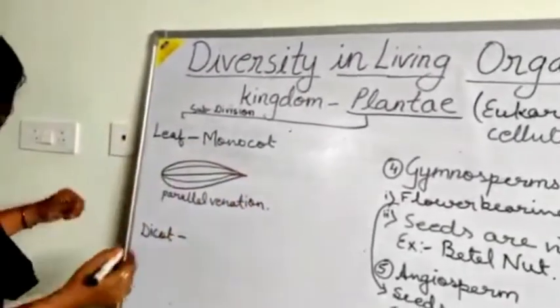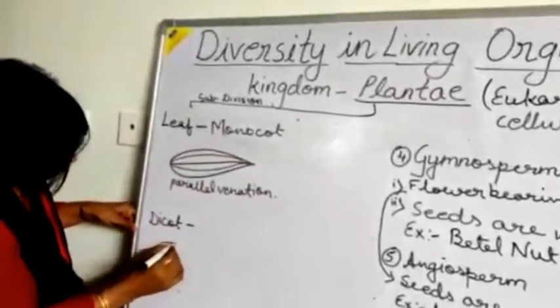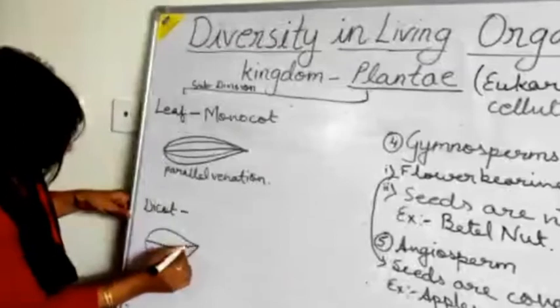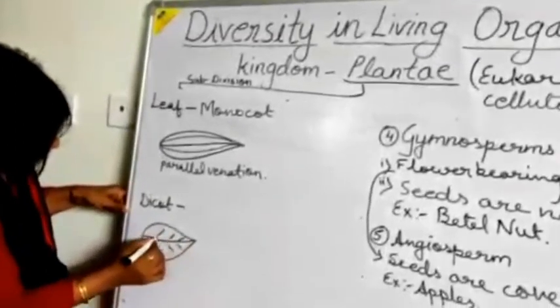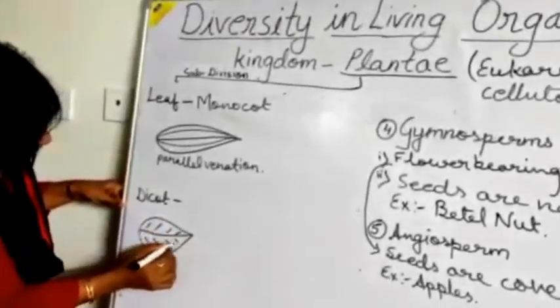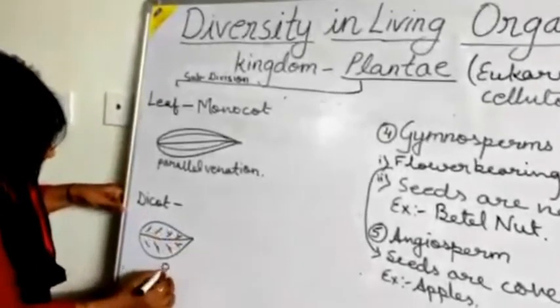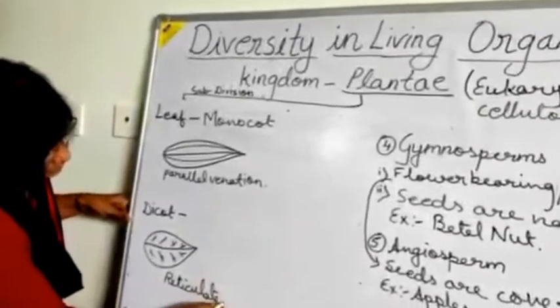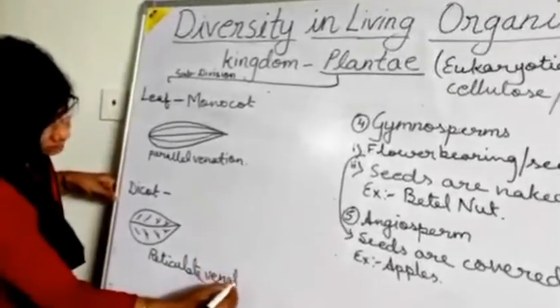Okay, and in dicot there is the simple type of leaf which we see all the time. The veins are there, but this one is the reticulate venation.